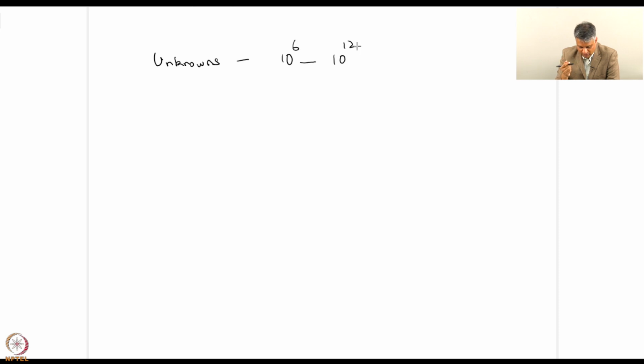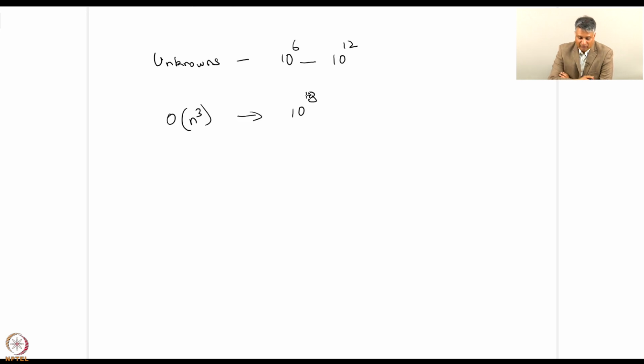Now think about if you have a problem with 1 million unknowns, that means minimally the number of operations, if I have to use a direct method, I'll have to do 10 raised to 18 calculations. These are algebraic operations.